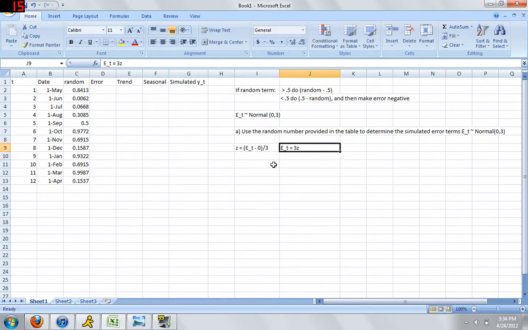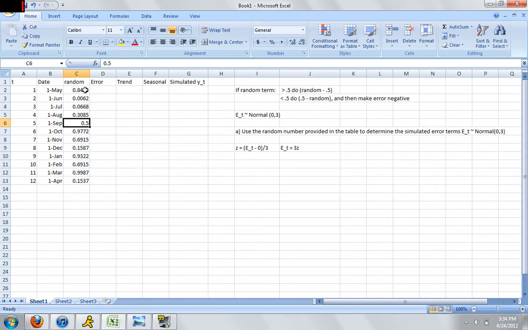How do you go from these random numbers to your error terms? So notice that the random numbers are all in decimal form. They actually correlate to probabilities on the standard normal distribution.